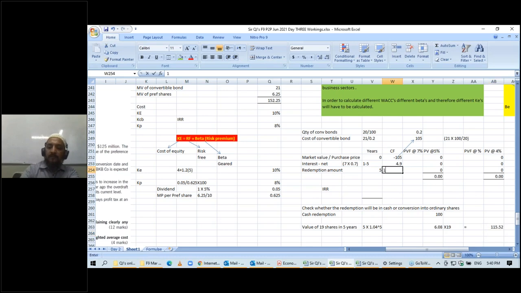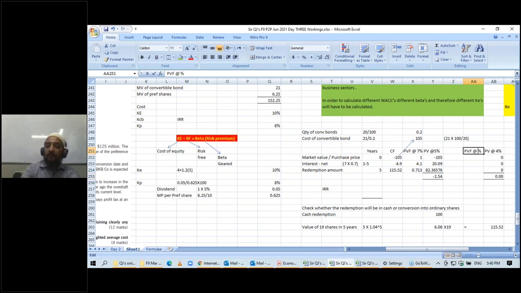So this will be the redemption amount in 5 years time. Okay, now at 7%, the present value fraction at year 0 will be 1. From year 1 to 5, annuity fraction will be 4.1 at 7%, and 0.713 will be the present value fraction. This gives you minus 2.54.